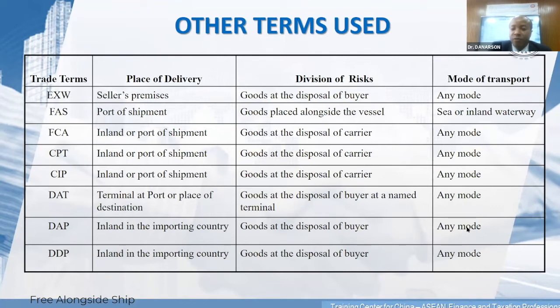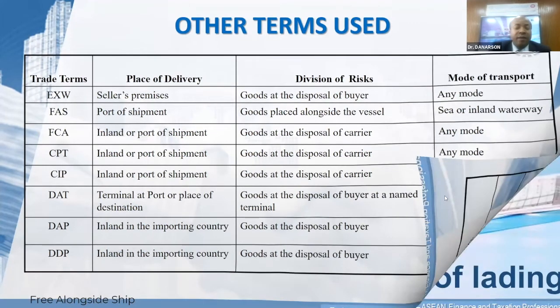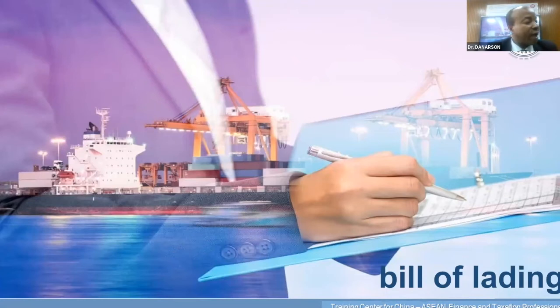If we look at the mode of transportation, some refer to sea and inland waterway, then if we just pick FCA, for example, that is any mode of transportation being used, land, sea, and air. The next point we're going to have a look at is the bill of lading.